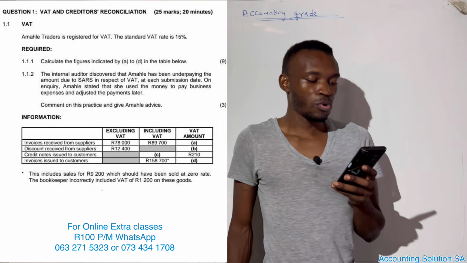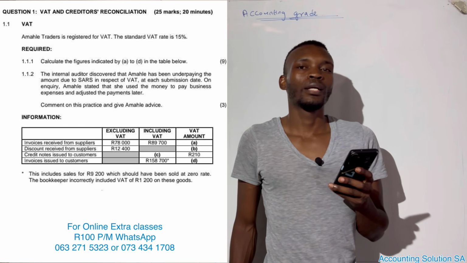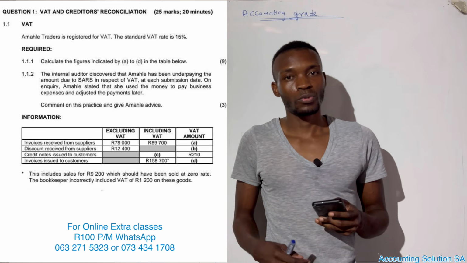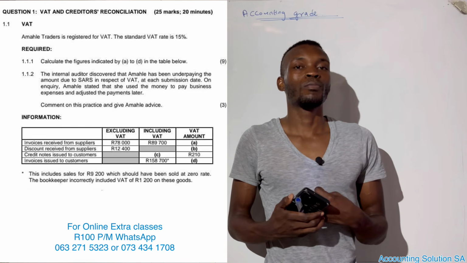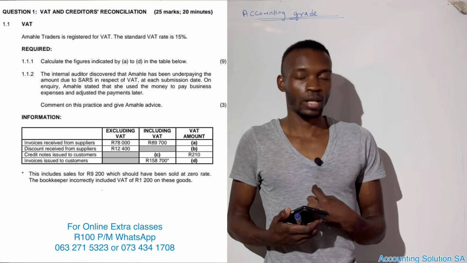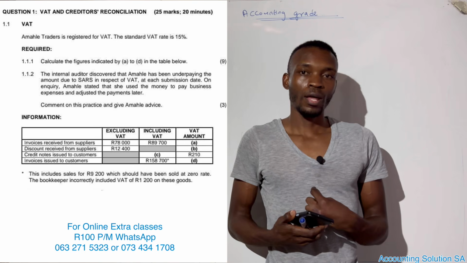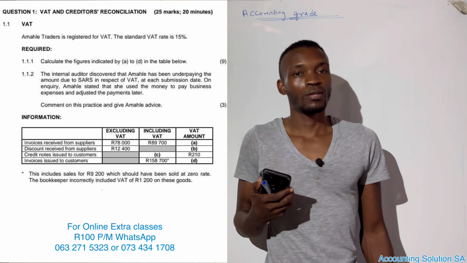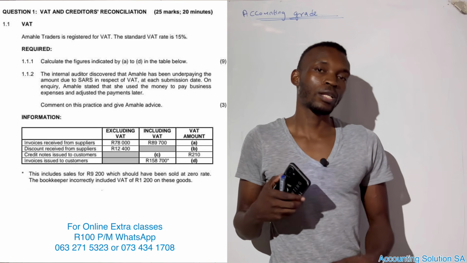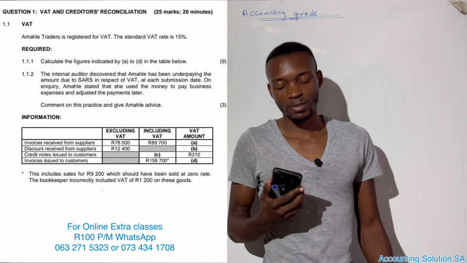Here, guys, the owner used money that he was supposed to pay SARS because he collected VAT and he has to bring that amount to SARS. So now, because there were some expenses that needed to be paid of a business, he used that money to pay the expenses of the business.